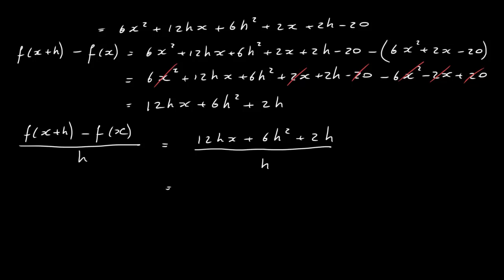So what happens here is the h will divide into each of the three terms on the top of the fraction. H will divide in there once, h will divide in here h times, and h will divide in here once. So what we end up with here is 12x plus 6h plus 2.